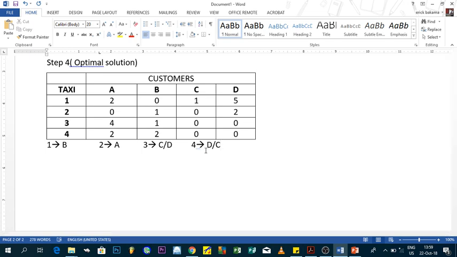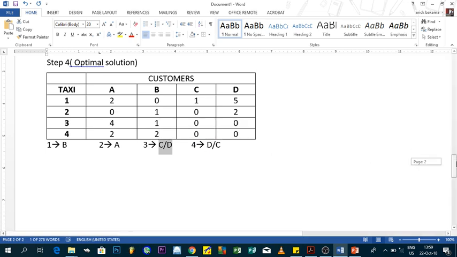Either 3 takes C or it takes D, and it's the same thing for 4. The reason why I put it like this is because I want you guys to understand that there are 2 options and all of them are matching. So you're not obliged to do it like this too.